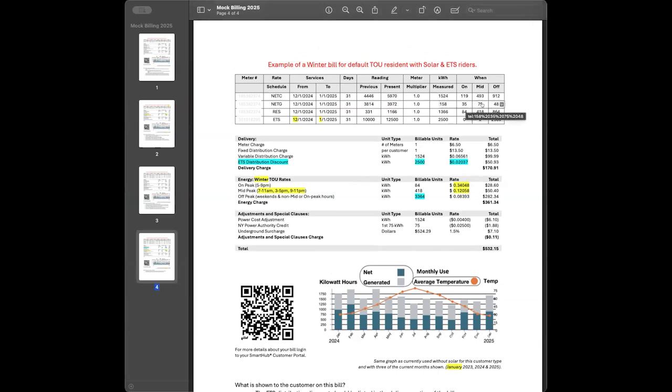You generated 75 during mid peak with a total of 158. And you had consumed 15, 24, and then you had consumed under the discounted rate. So the ETS doesn't pay full distribution, so they get that discounted rate for what goes through that meter.